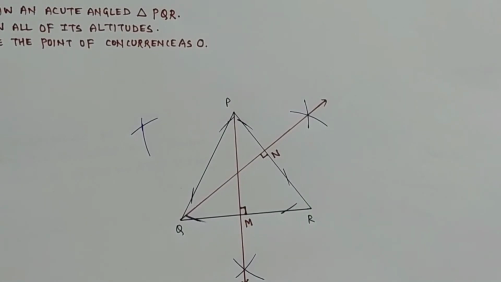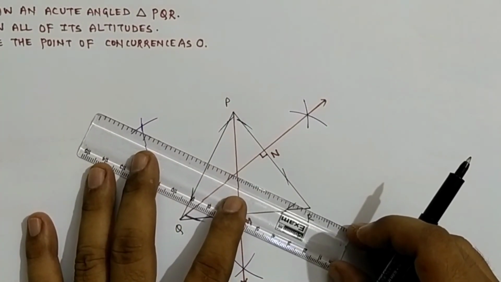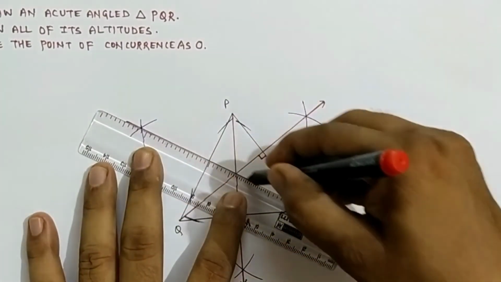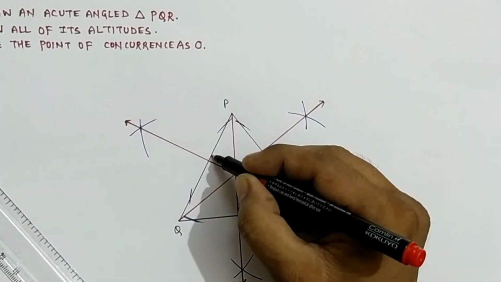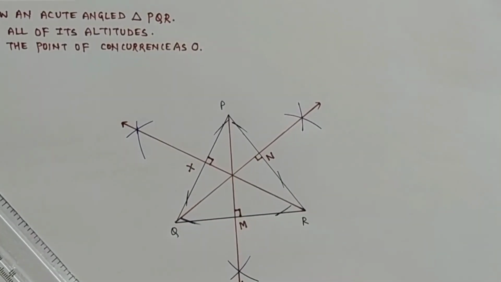Okay, and draw the perpendicular from R. This is the perpendicular here. Name this point as point X.